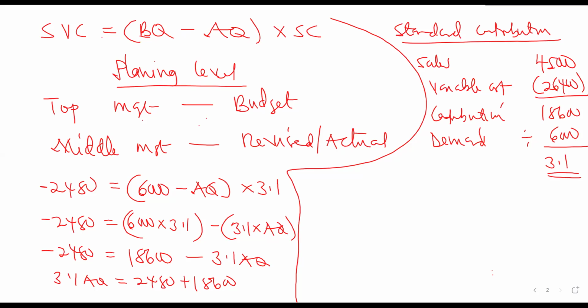The contribution is adverse. If it is adverse, this cannot be negative. This is revenue. So if revenue is adverse, budgeted quantity minus actual quantity. If the contribution is adverse, the figure is supposed not to be higher than the budgeted.